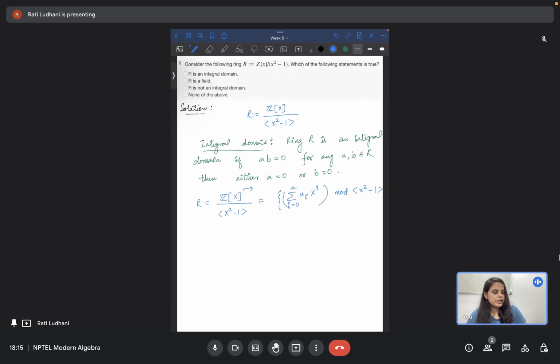So we are dividing by this ideal generated by x square minus 1. This ideal is actually the multiples r times (x square minus 1), where r belongs to Z[x]. So any polynomial mod this ideal, if it is divisible, we can write it as mod x square minus 1.